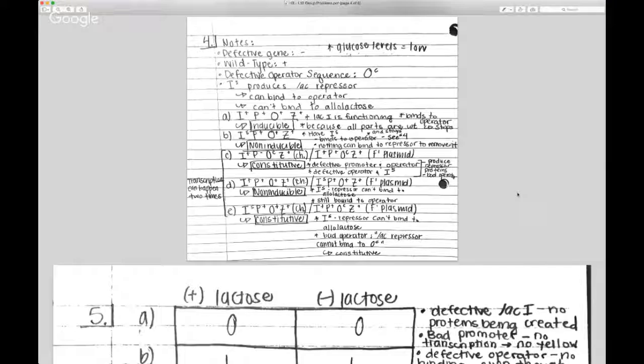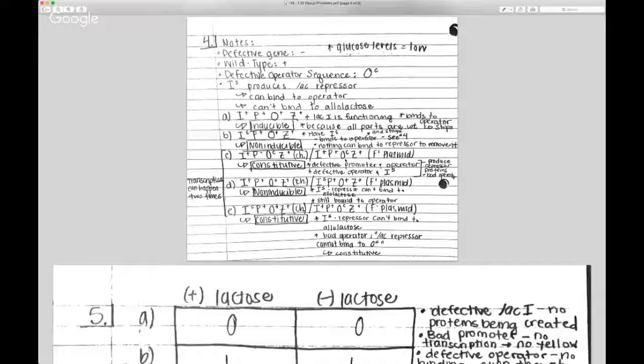For part C, we have this here, and we can see that we have wild type here, but this is defective, and here we have a defective operator sequence. And so we have this on the chromosome, and then over here on the plasmid, everything is wild type except for the defective operator sequence.